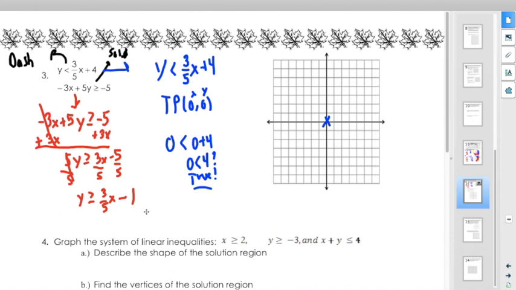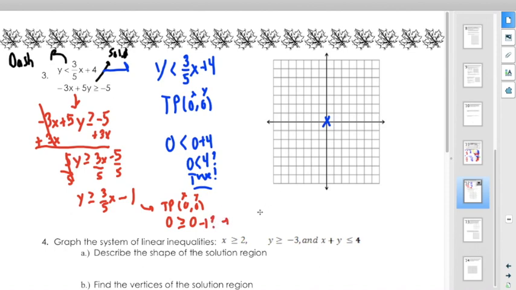Okay, sweet. Let's do our test point. TP of 0, 0, x and y. So 0 is going in for y. Is 0 greater than or equal to 3/5 times 0, which is 0, minus 1?